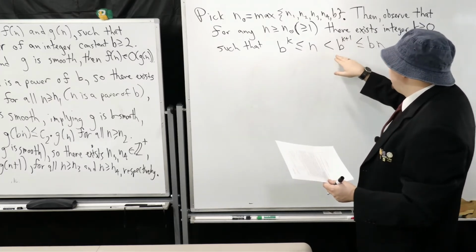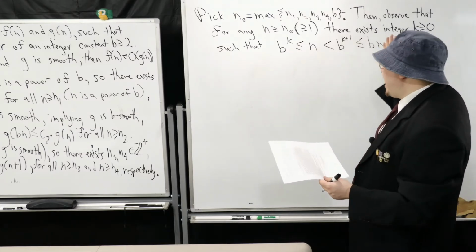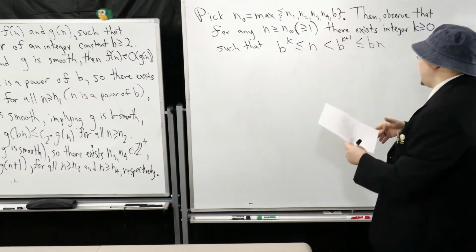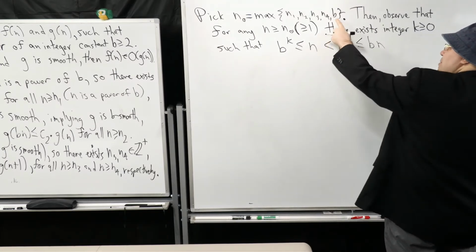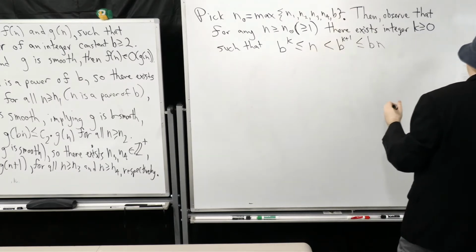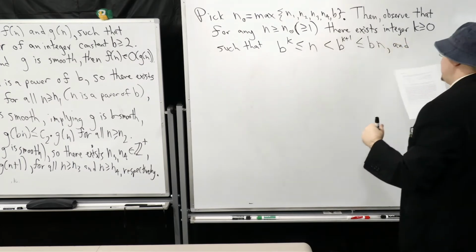So I'll definitely be able to bound b to the power of k plus 1 from above with n times whatever the extra factor would be, b, right? So that's where b times n comes from. That's why I want to put b in here, just to make sure the constant is large enough. It makes it a little easier to read the argument.